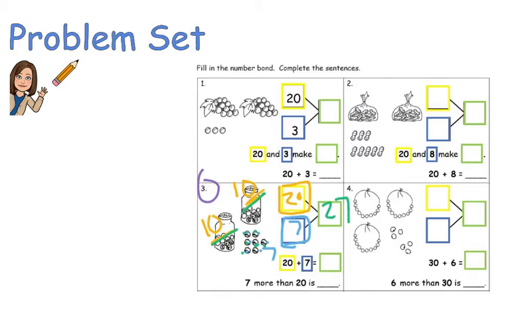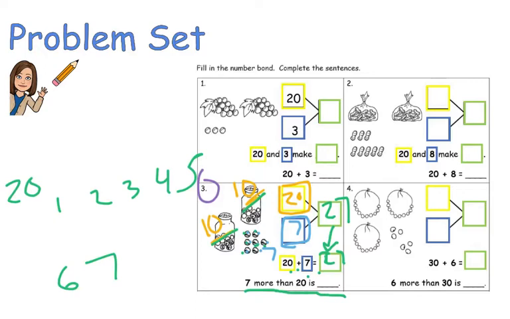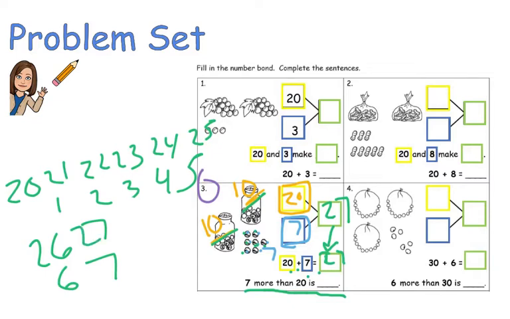27. Let's look at the equation now. 20 plus 7 equals 27. 7 more than 20 is, let's see, 20, 1, 2, 3, 4, 5, 6, 7, 21, 22, 23, 24, 25, 26, 27.